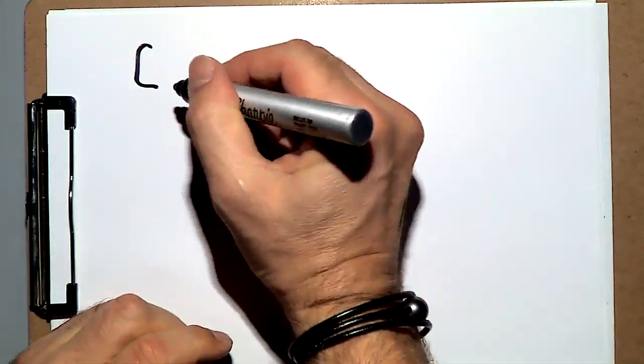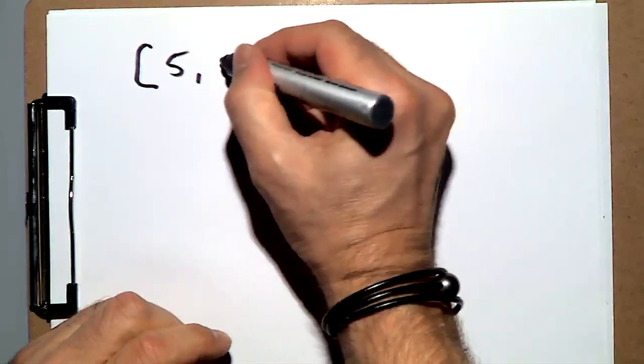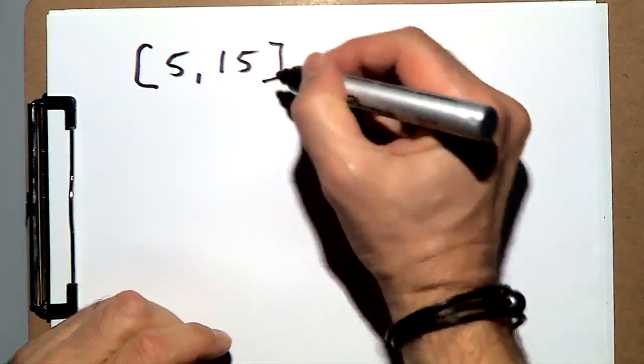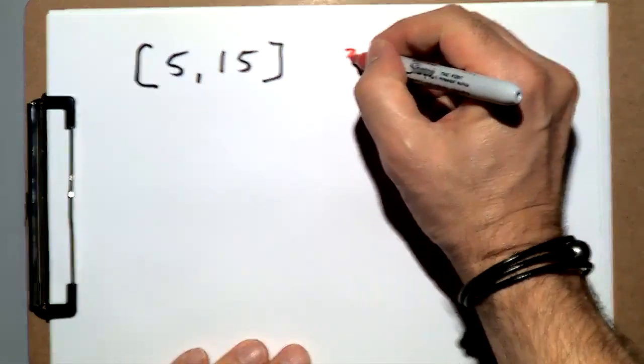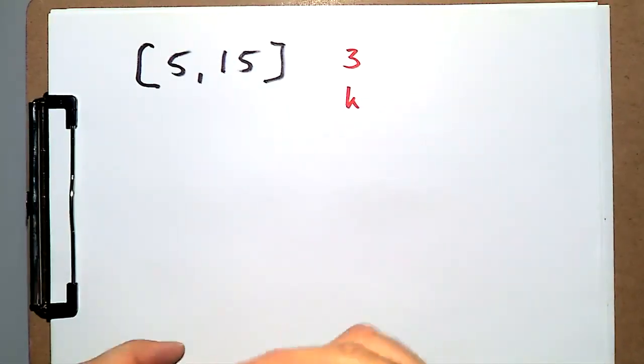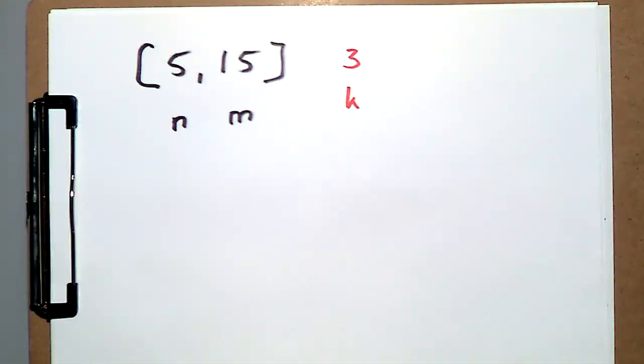Suppose we want to know how many numbers in the interval, what did I say, 5 and 15, are divisible by 3. So our k in the formula is 3, our n is 5, and m is 15. Does it work? It does too.